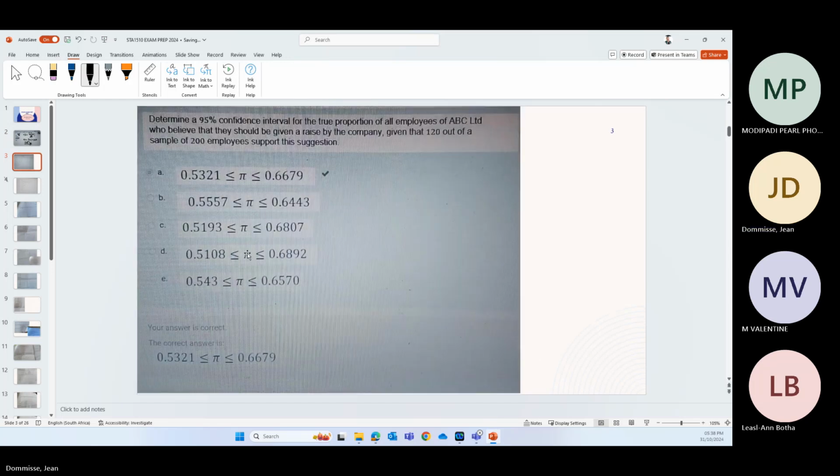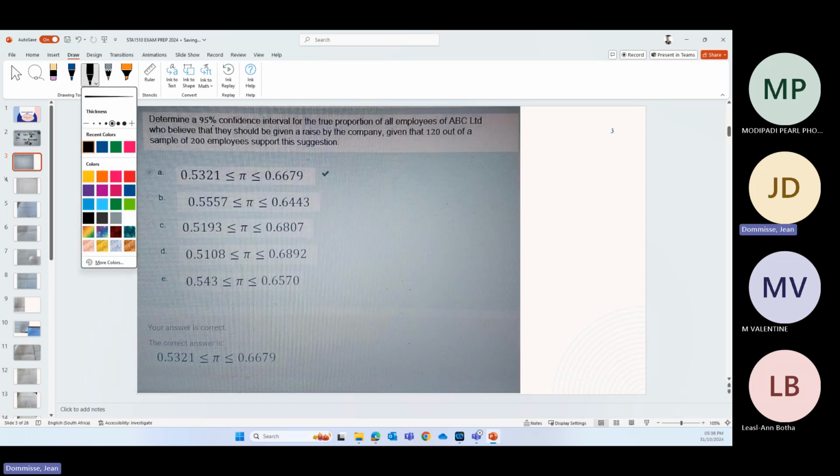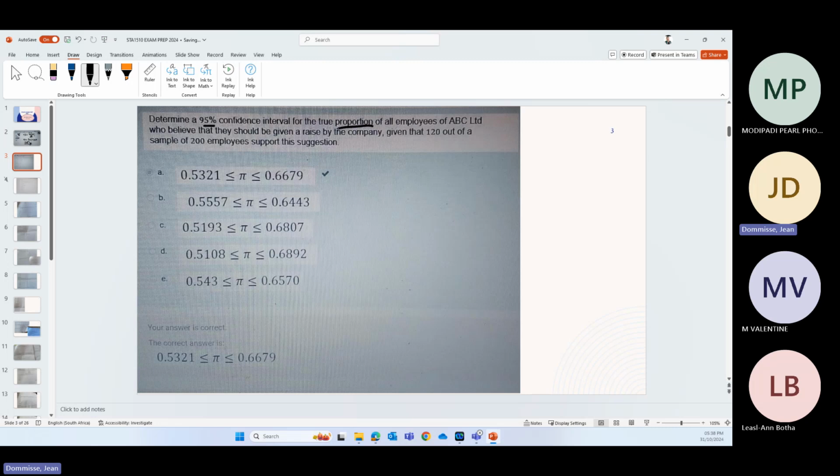Okay. So determine a 95% confidence interval for the true proportion. Okay, so when we see proportion, we can already work with the Z. Because it's 95, we can say Z is 1.96.